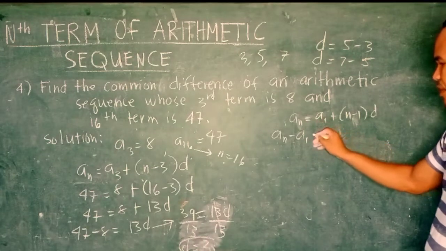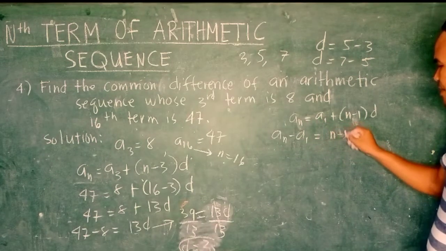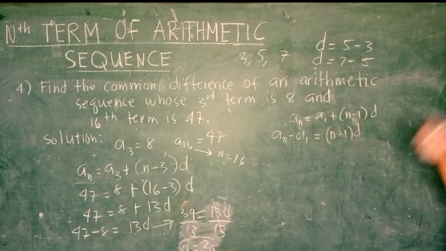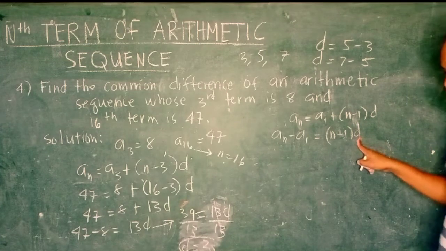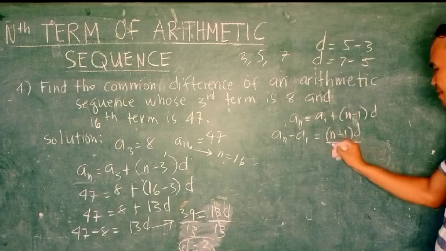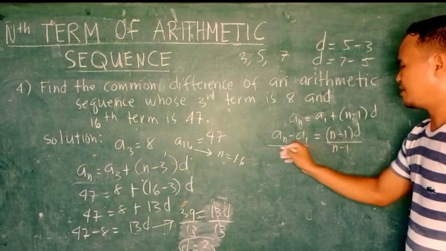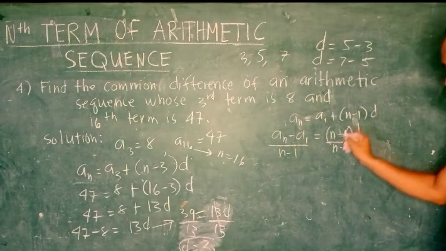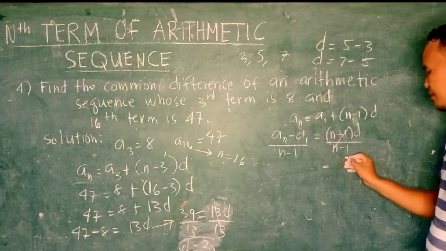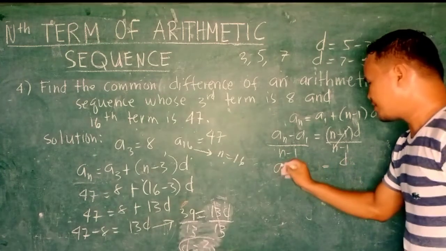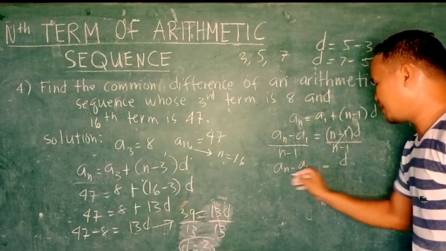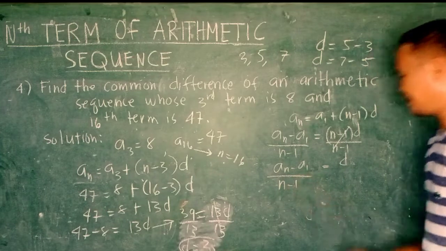What remains is n minus 1 times D. Since we are solving for D, we divide both sides by n minus 1. N minus 1 cancels out. So D will be A sub n minus A sub 1 over n minus 1.